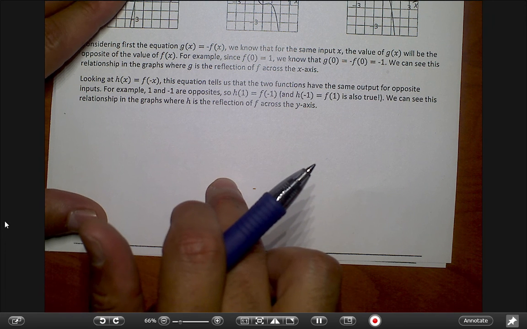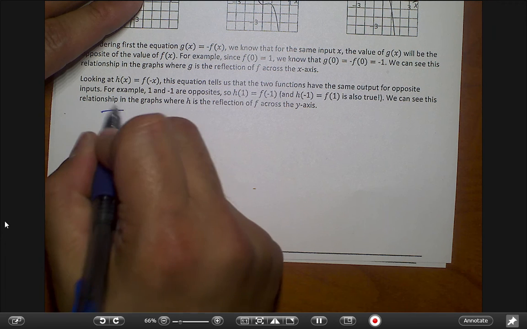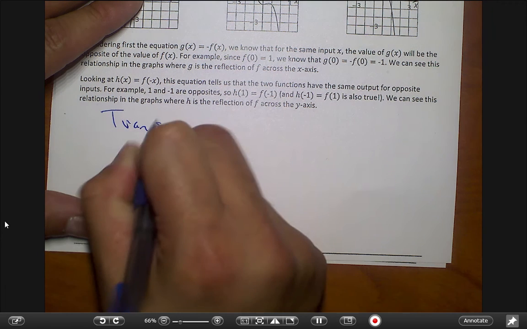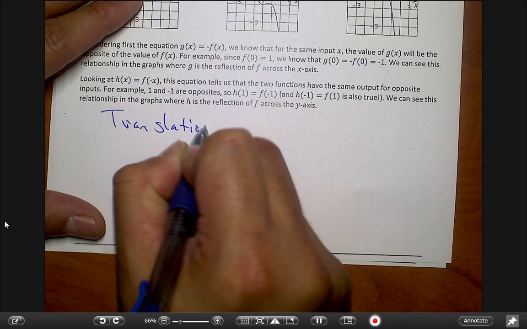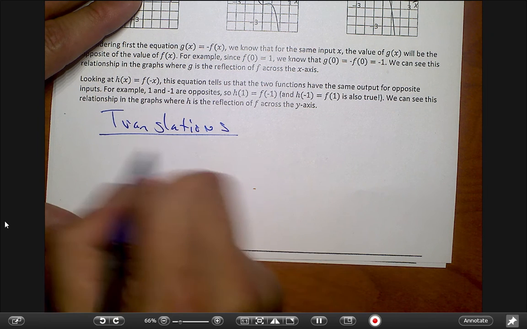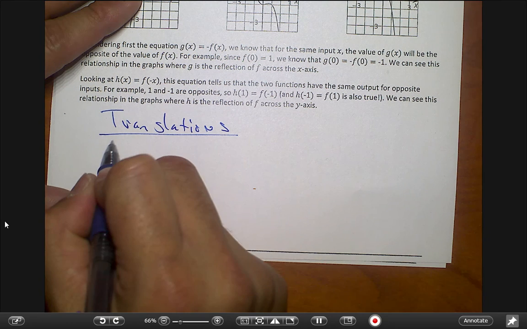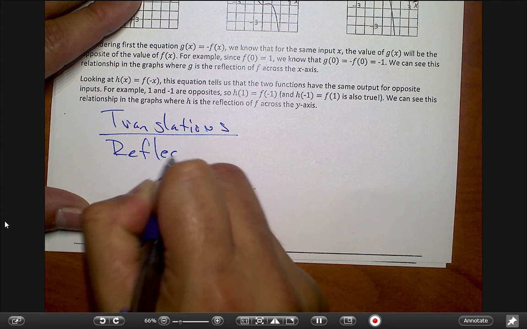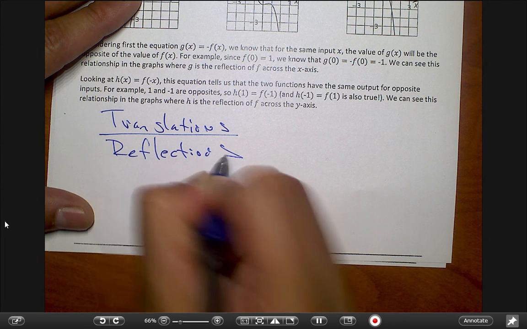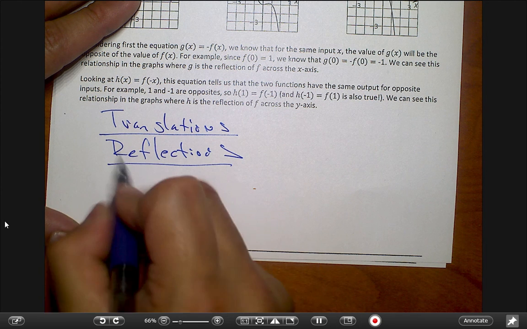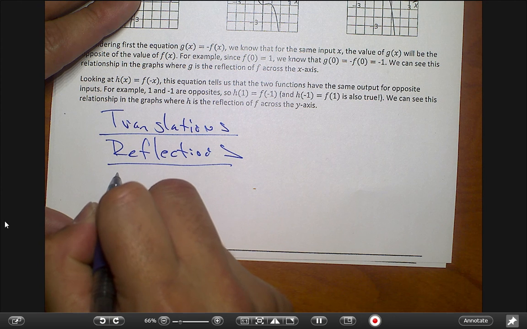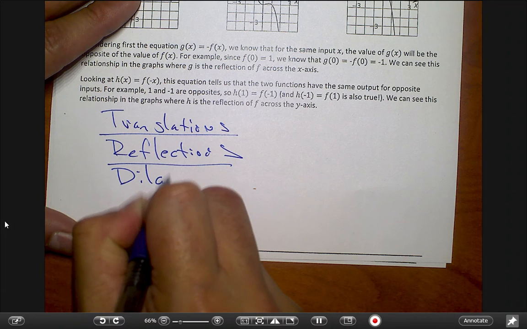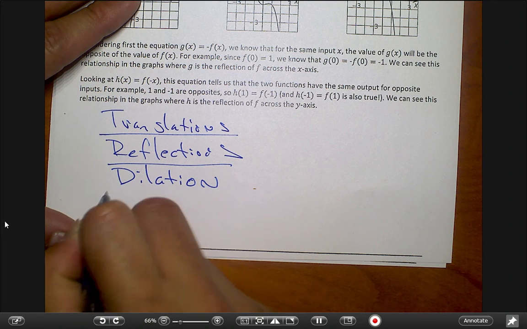What were the different types of transformations? Translations, reflections, dilation, and rotation.